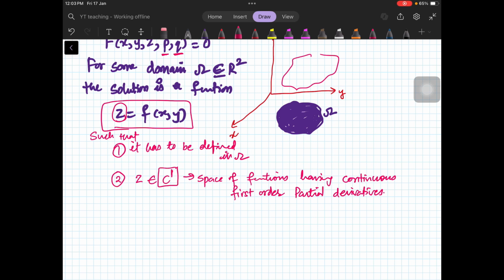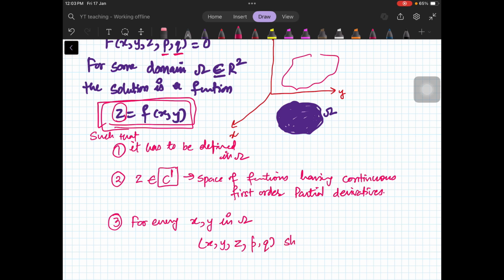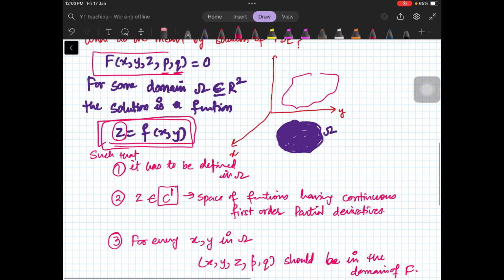And then the third point, we want that for every x comma y in omega, this point x comma y comma z comma p comma q, where z is coming from here, should be in the domain of capital F. Capital F is representing our PDE because x, y will come from the domain here, and then z will come from the solution, and then p and q will also come from this solution.